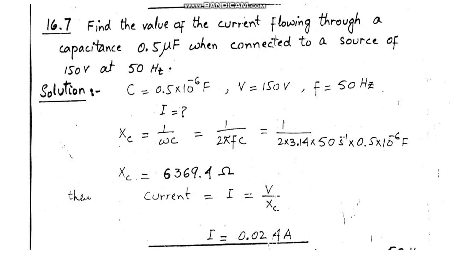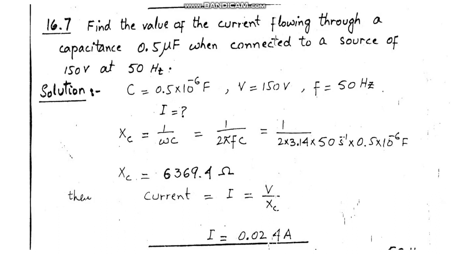Voltage V is equal to 150 volt. Frequency F is equal to 50 Hz. These are values given in the question. We required I. First, we solve capacitive reactance because that is a required value to find the current.